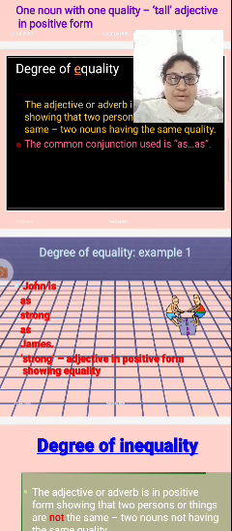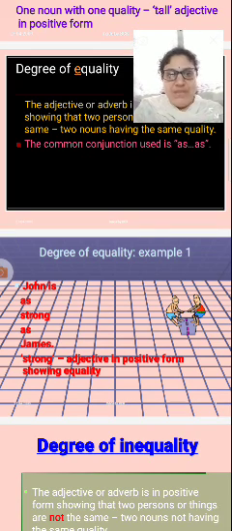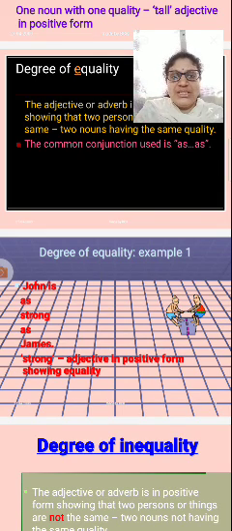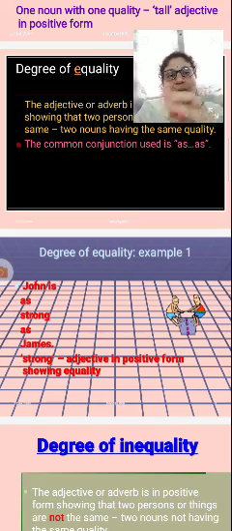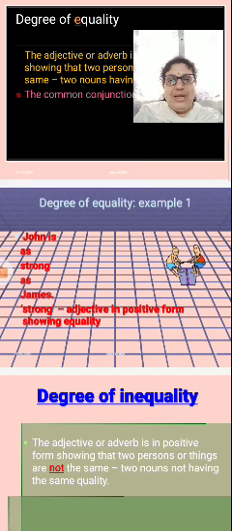To compare persons, things, places, or animals, whatever it may be. Two persons, two things, two animals, two places. When we compare, we take the help of conjunctions, so we can compare one from the other.